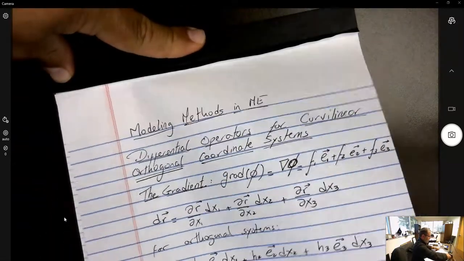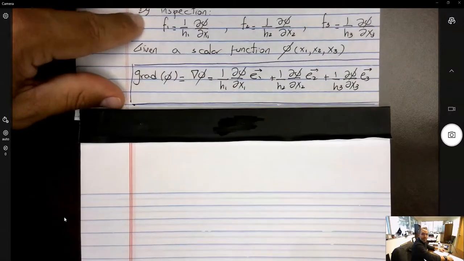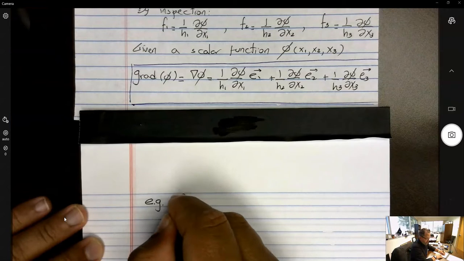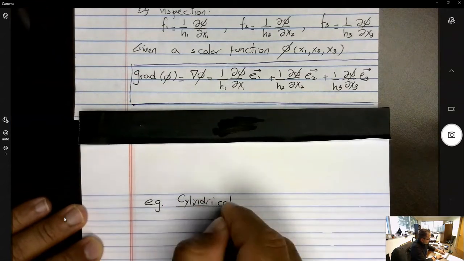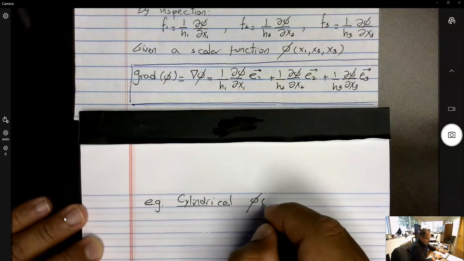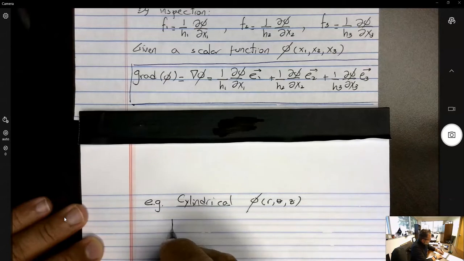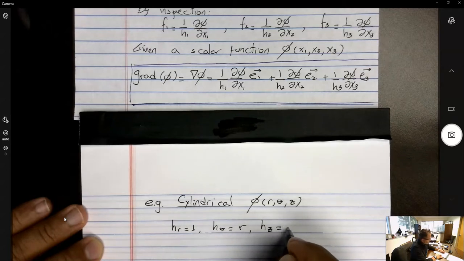Let me write what I just said. In cylindrical coordinates, phi would be a function of r, theta, and z. We know that hr is equal to 1, h theta is equal to r, and hz is equal to 1.